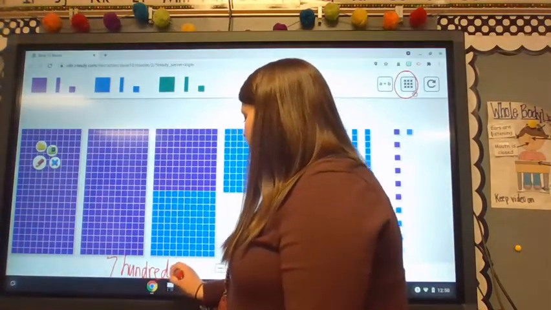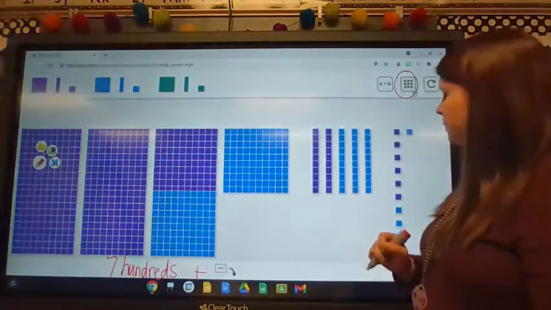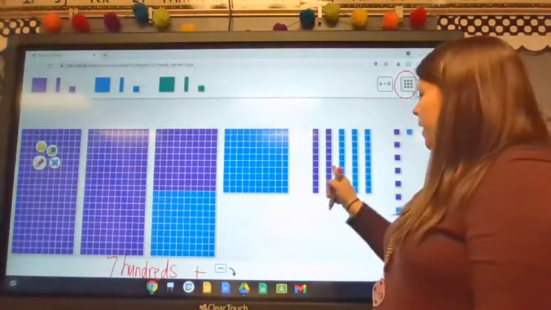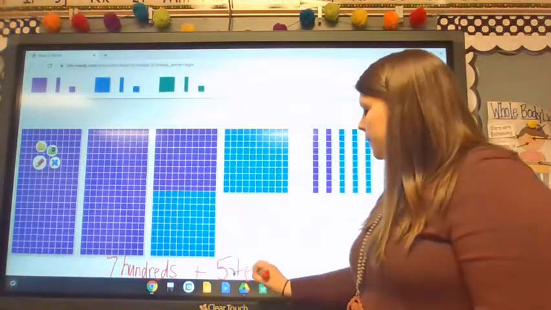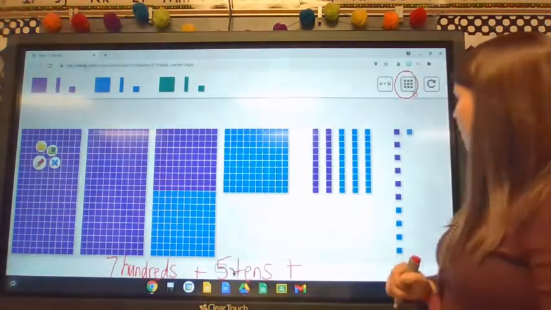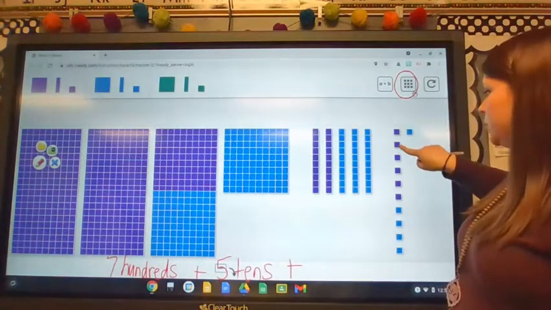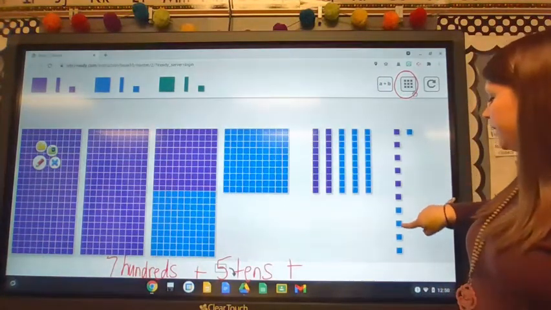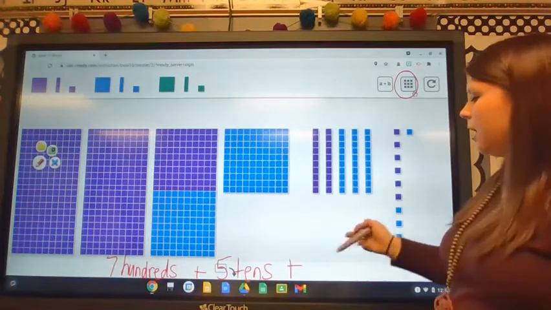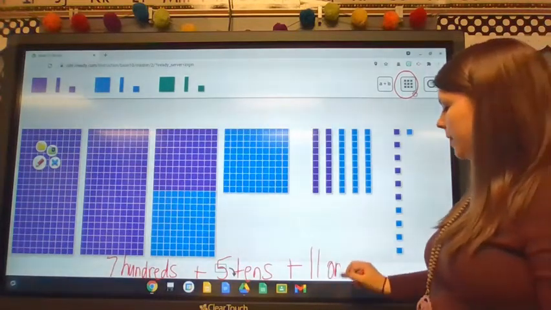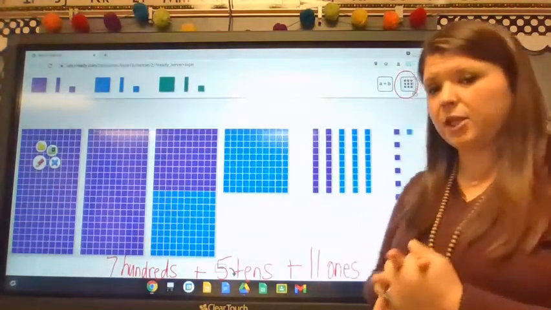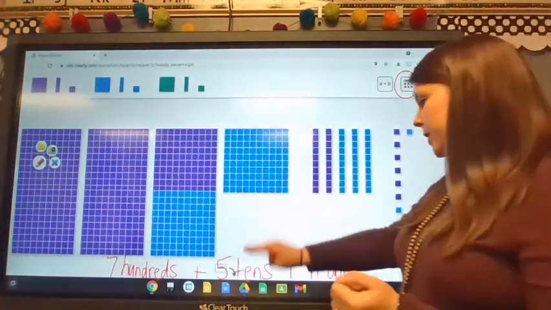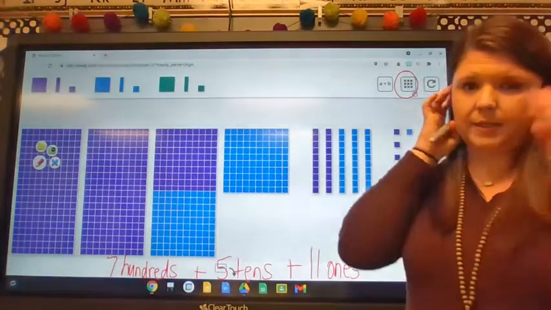How many tens do I have? 1, 2, 3, 4, 5. 5 groups of 10. And then how many ones do I have? 1, 2, 3, 4, 5, 6, 7, 8, 9, 10, 11 ones. So when I combine these two numbers, I end up with 7 hundreds, 5 tens, and 11 ones.